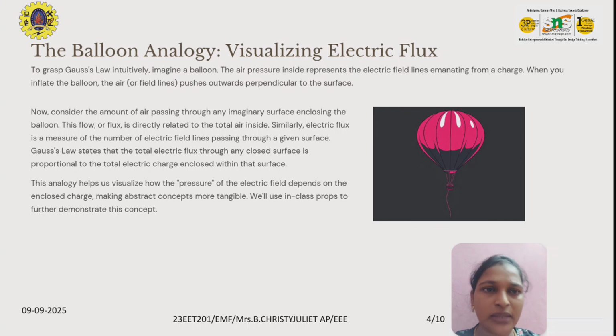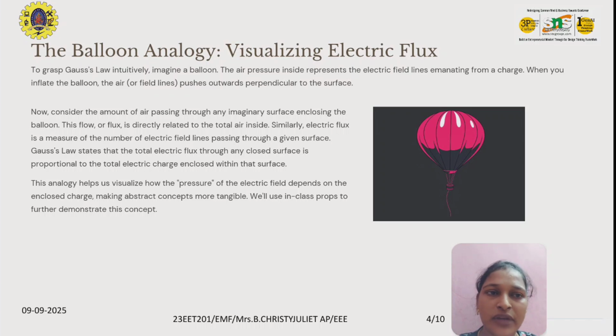When you inflate the balloon, the field lines, or the air inside the balloon, push outwards, perpendicular to the surface. The air, with its pressure, comes out of the balloon, and that direction is perpendicular to the surface. Now consider the amount of air passing through any imaginary surface enclosing the balloon.